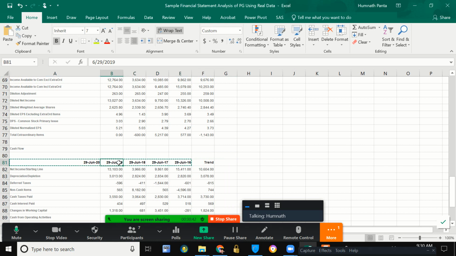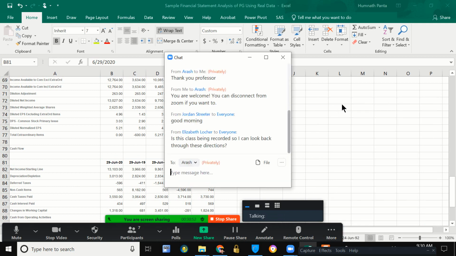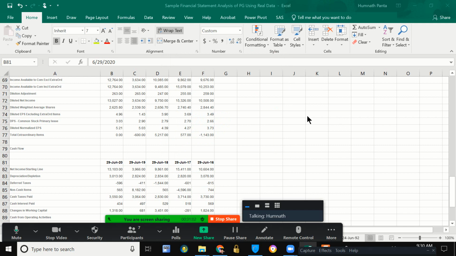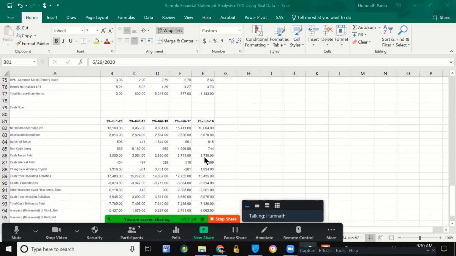All the data we need for our project is our balance sheet, income statement, and cash flow statement. All right. So now we are ready for analysis.